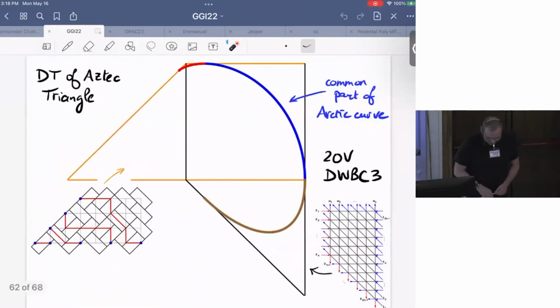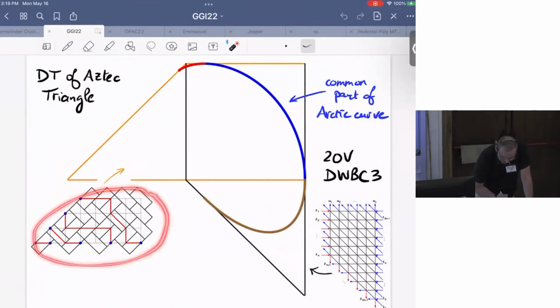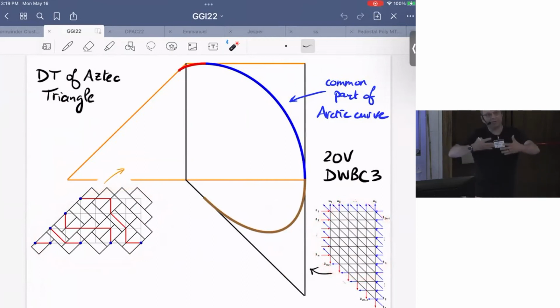And what happens is that the bijection I found was between the tilings of this raised roofed triangle and this 20 vertex quadrangle. I can put them together on the same picture. And again, they have a common part of Arctic curve. So one of them is a domino tiling problem. So the Arctic curve continues with the analytic continuation.